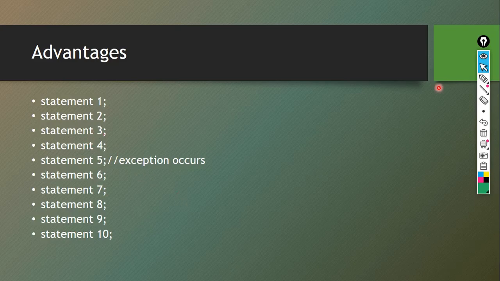Now suppose at this particular point, statement number 5, some exception has occurred. So what will happen in a normal scenario? The program will terminate at this particular position.